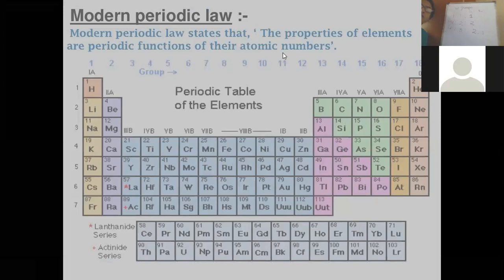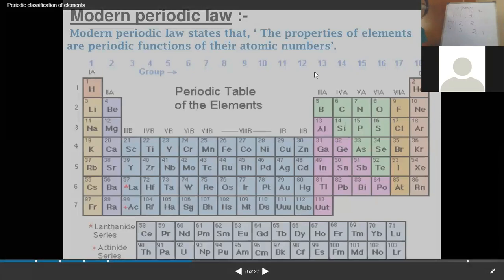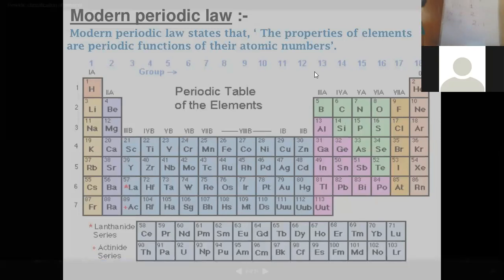Where hydrogen and helium have been placed, that is called a very short period, rather than a short period. Why only hydrogen and helium have been placed? Because in this very short period, those whose K shell is only filled will be present.